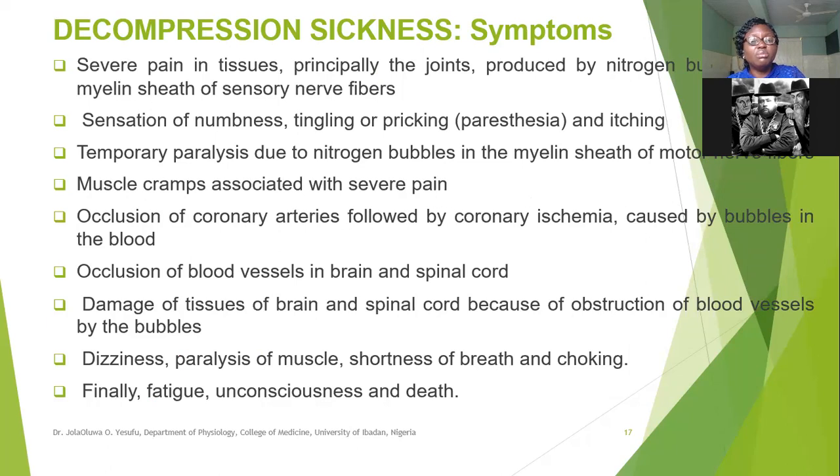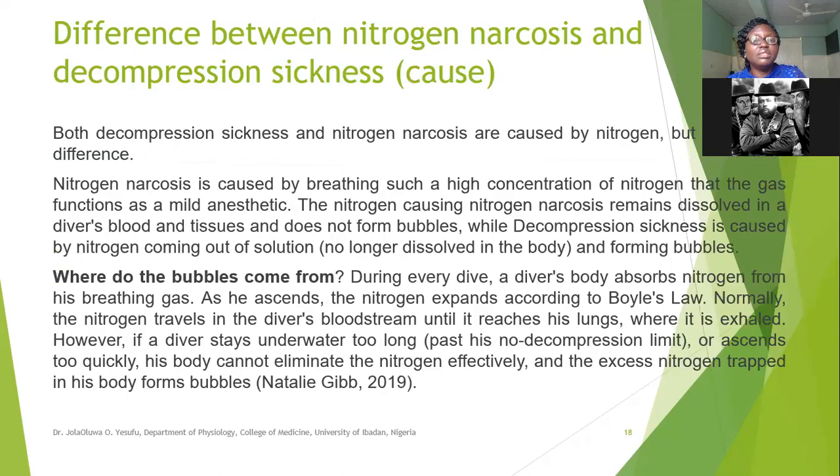So when you have ischemia in those arteries, when those arteries are blocked by bubbles in the blood, that is trouble, okay? Occlusion of blood vessels in the brain and spinal cord. You have damage to tissues in the brain and spinal cord, dizziness, paralysis of muscles, shortness of breath, and choking. Finally, the person becomes fatigued, unconscious, and then he dies.